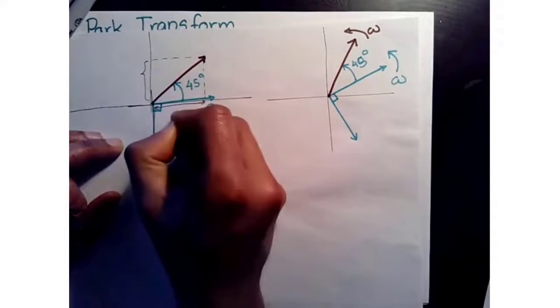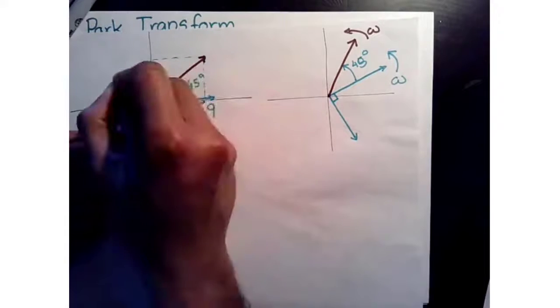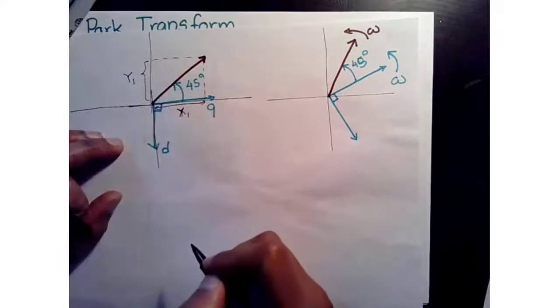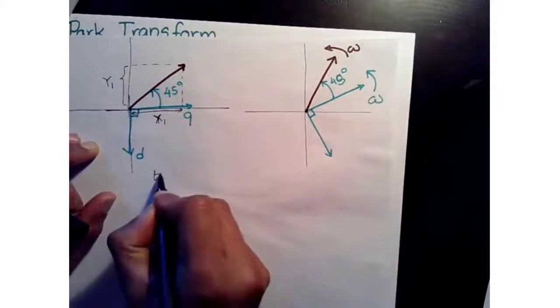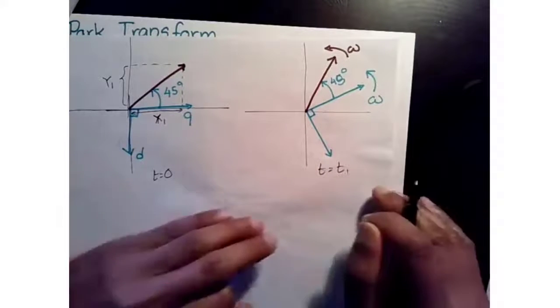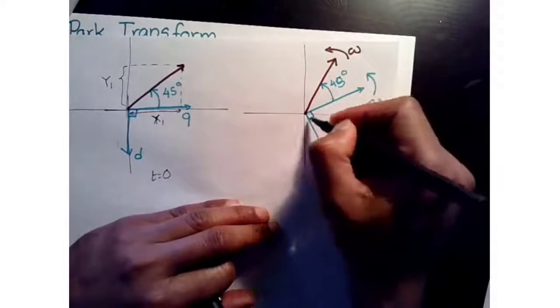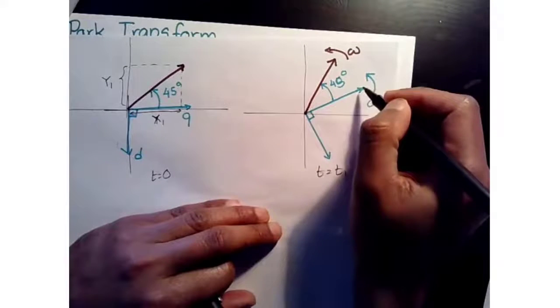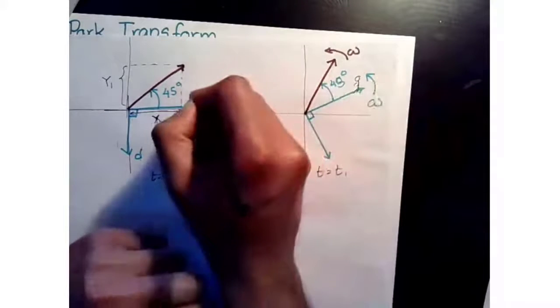So we'll call this x1, and we'll call this y1. Now this is t equals 0, and this is t equals t1, a different time instance. After the rotation, you are still on this new axis system.